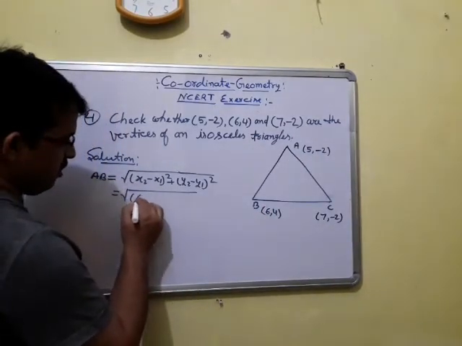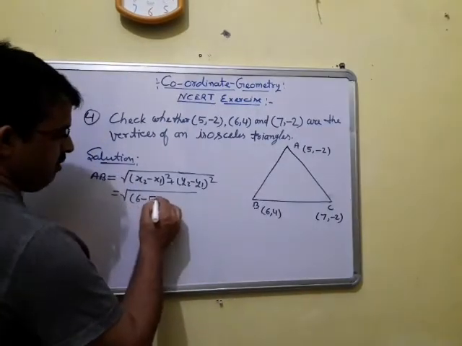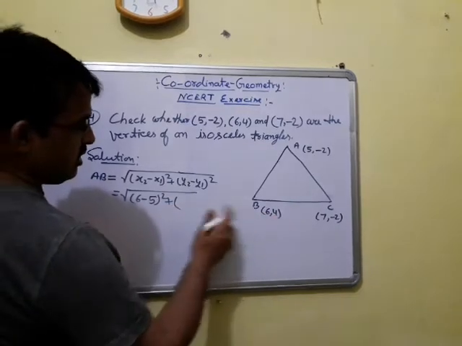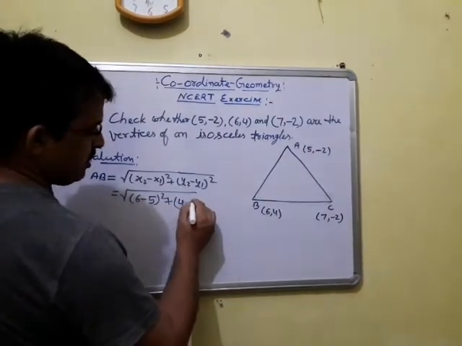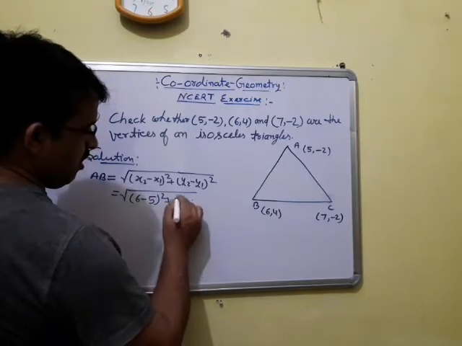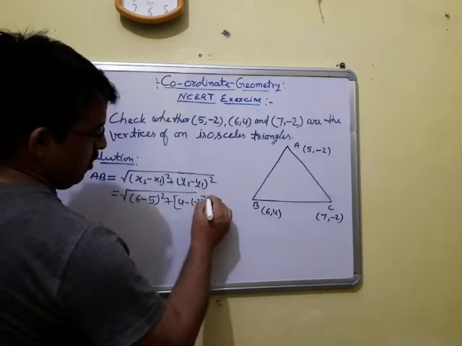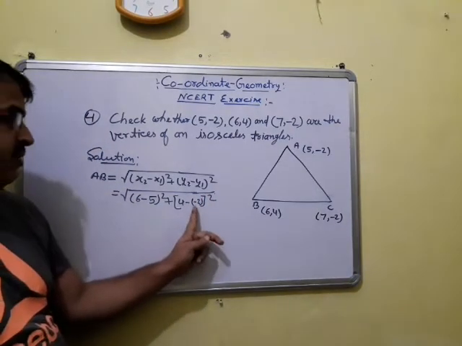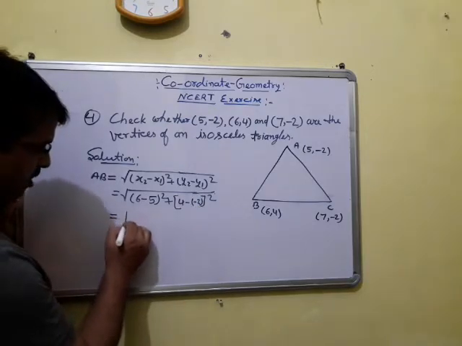The x2 is equal to 6 and x1 is 5, whole square, plus y2 is 4 and y1 is minus 2, whole square. Clear? The y1 value is minus 2.